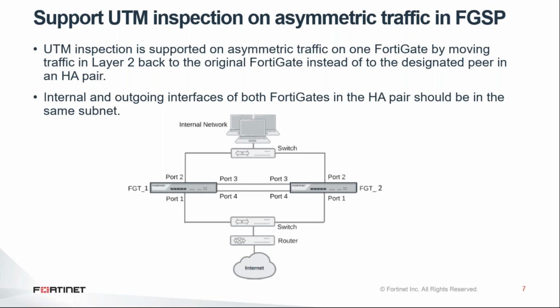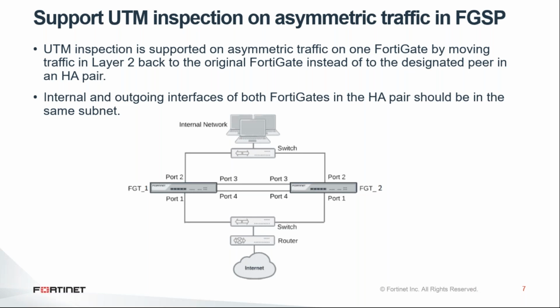No, this is a cluster where we only have the FortiGate session sync protocol in between. It means the FortiGates are managed completely separately. So this can be a problem on security when you have asymmetric routing.